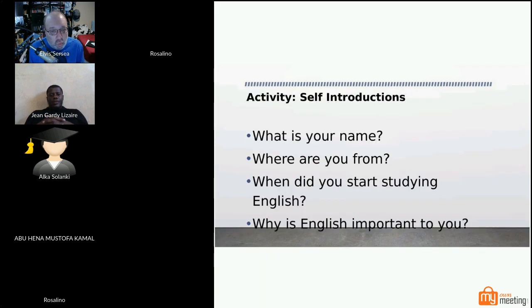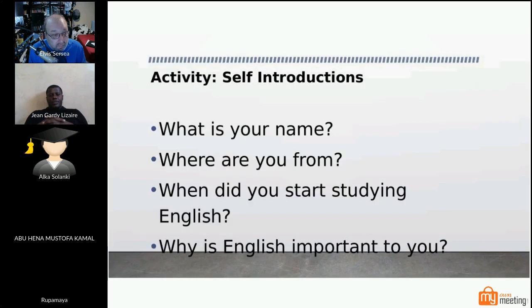Alka, where are you from? I'm from New Delhi, India. Ah, that's a big town. How many people live in New Delhi? India is the second largest populated country. Compared to Calcutta, is New Delhi bigger?